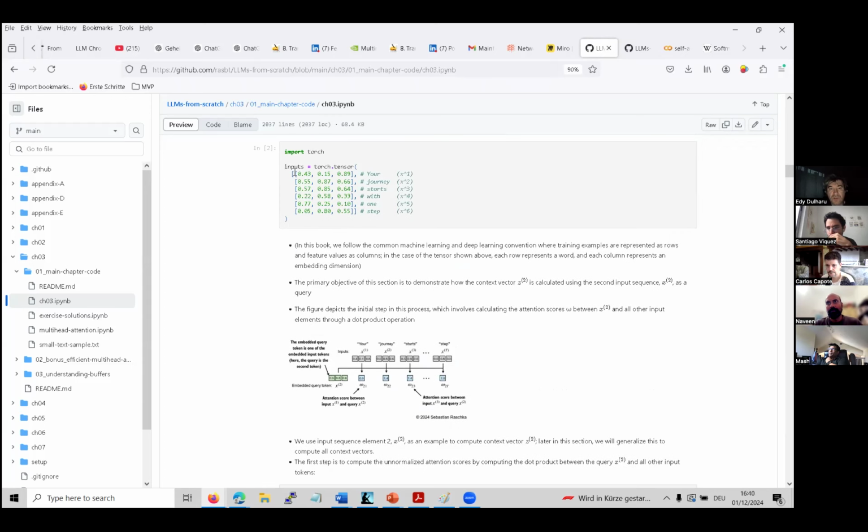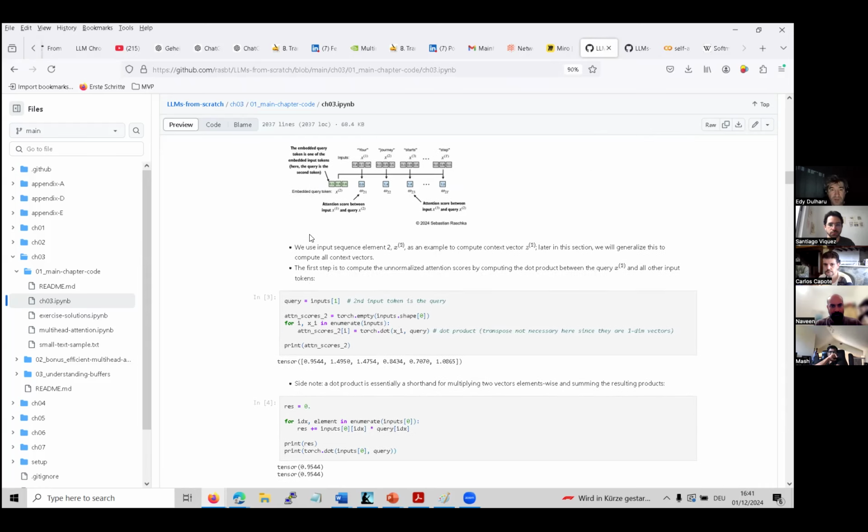So here we have a tensor which has 6 rows, which corresponds to each token, and 3 columns, which represents the 3 dimensions used for embeddings. This is what we agreed from the beginning, that the embeddings are 3-dimensional. It's clear so far? Because 3 is the number of embedding values we use for each token.